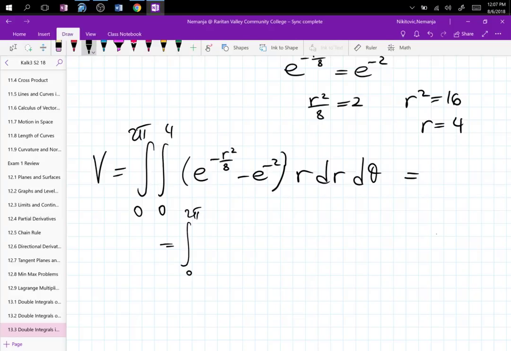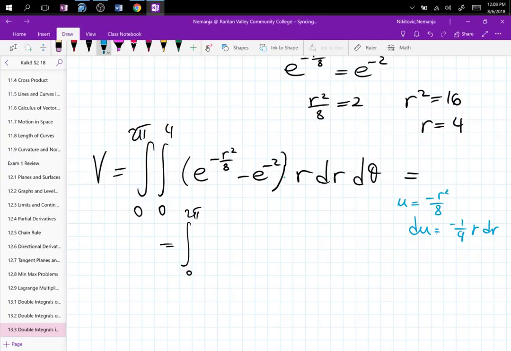Zero to 2 pi, and now we use u sub. For the u sub, should I go with everything? Yeah, what the hell. U equals negative r squared over 8. So du is negative 1/4 r dr. So I don't have a negative 1/4.